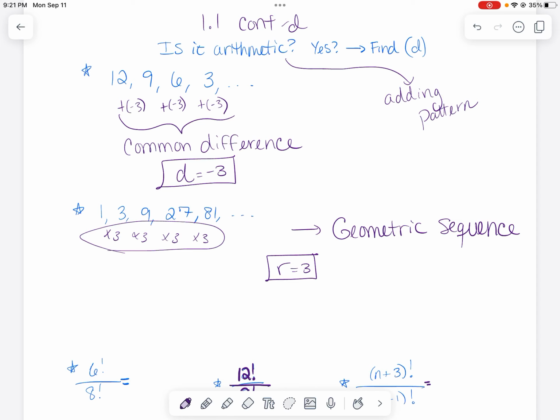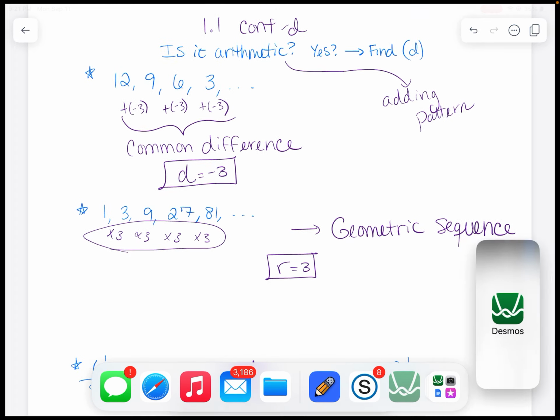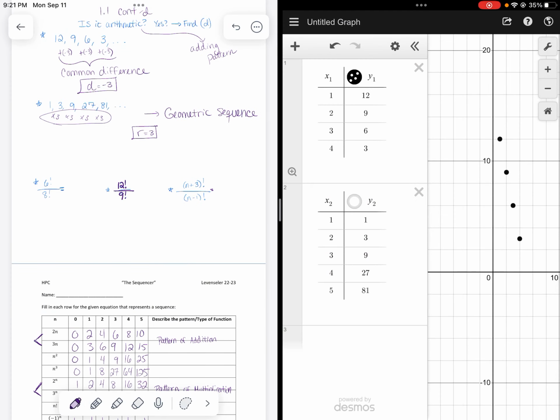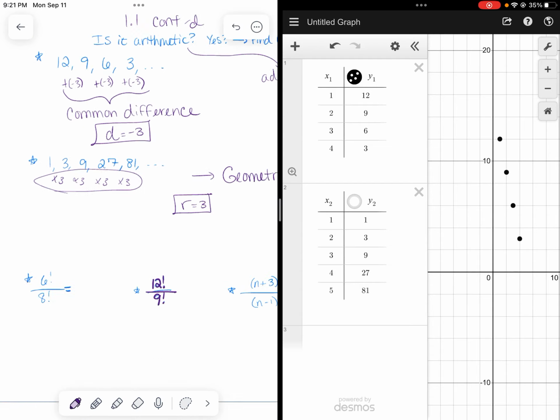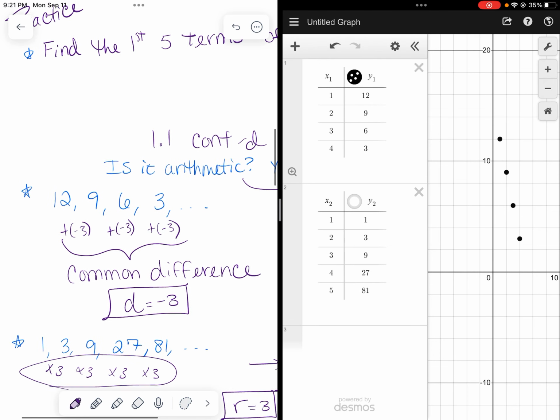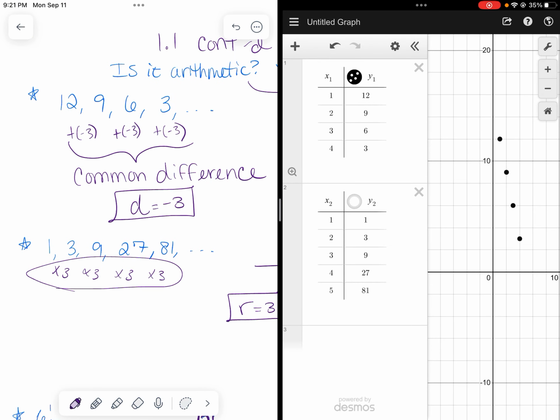So I'm going to step over into maybe Desmos right now. You can see I've taken the data that you have here and input it into some tables in Desmos. The X column is our input value, like N. So I went 1, 2, 3, 4 with this first sequence here.